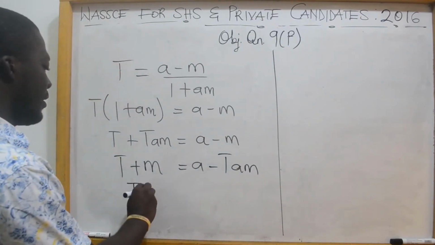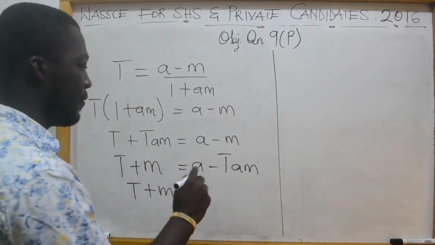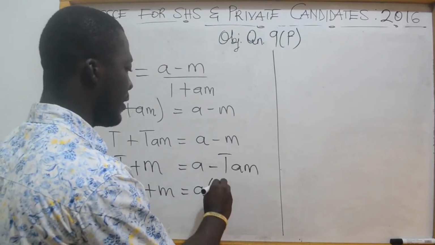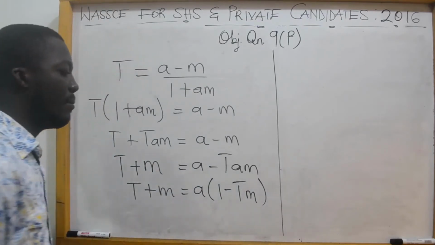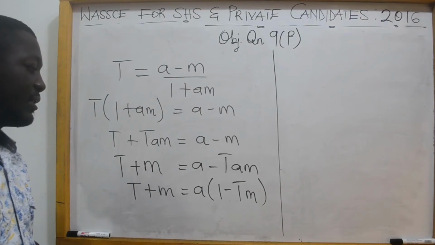And T plus M. We factor A out of the right expression. So A into bracket 1 minus TM.